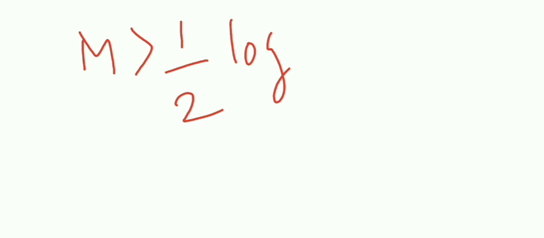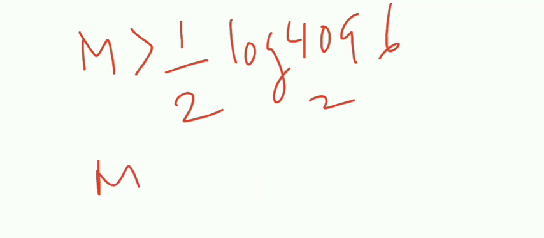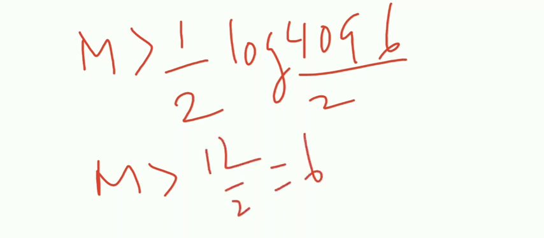N is the number of DFT sampling points, so it is log 4096 base 2. So M is greater than 1 by 2 times log 4096 base 2, which is 12. So 12 by 2 is 6. So here it implies FFT is 6 times more efficient, requiring 6 times fewer samples.